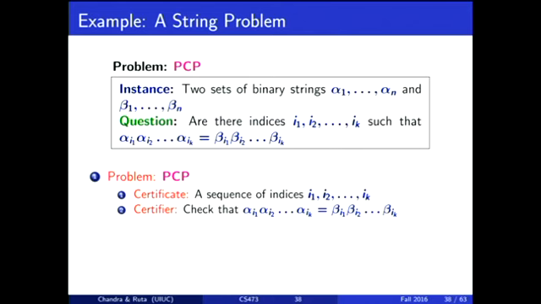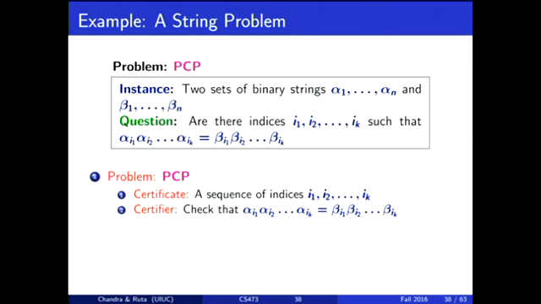It looks like a very innocuous problem, very simple. It's called PCP. What is the input to the problem? I give you two sets of binary strings, alpha 1 up to alpha n and beta 1 up to beta n, of arbitrary length.